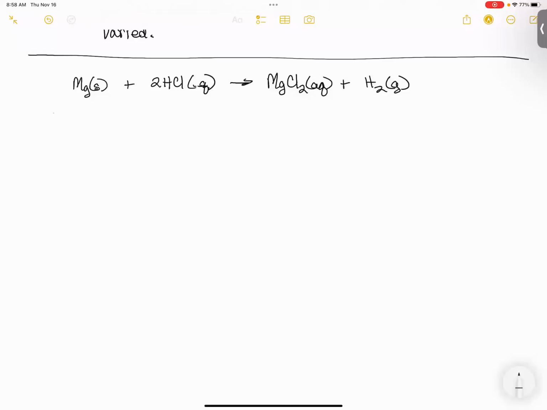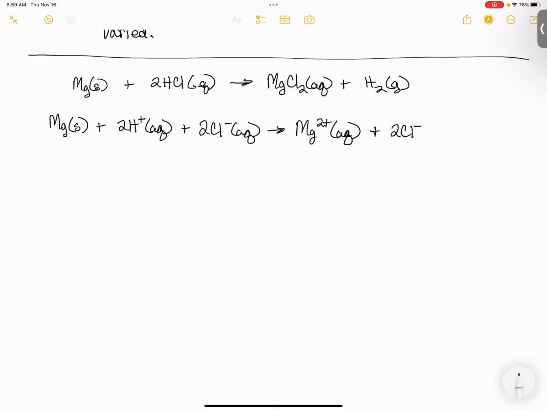Today, we developed the complete ionic equation: magnesium solid plus 2H+ aqueous plus 2Cl- aqueous going to form Mg2+ aqueous plus 2Cl- aqueous plus H2 gas.